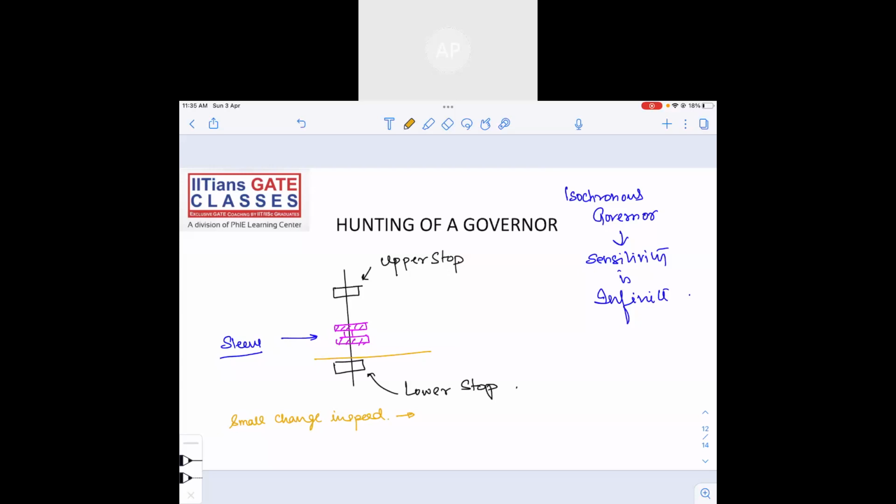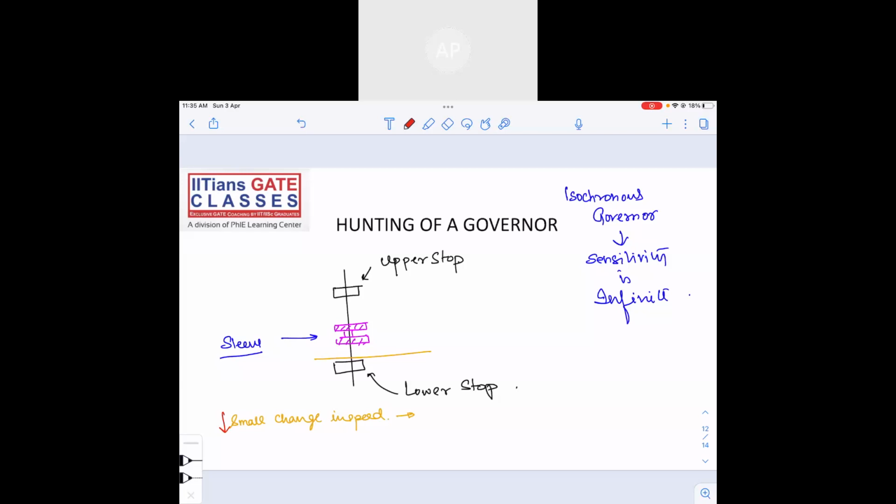Let me consider a fuel valve instead of steam, easier to understand. So the fuel valve will get opened up and a lot of fuel will pour in. Suddenly there will be a big increase in speed. Let me say the speed of the engine first decreases.